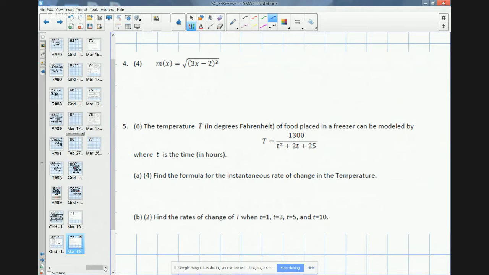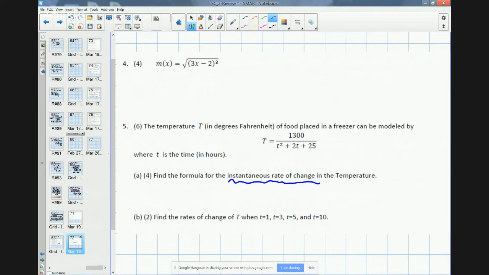If it's in for 1 hour, that'll lower the temperature this far. If it's in for 2 hours, and so on. This is the equation for calculating what the temperature will be in Fahrenheit after T hours. Part A says, find the formula for the instantaneous rate of change in the temperature. So there are those key words again.